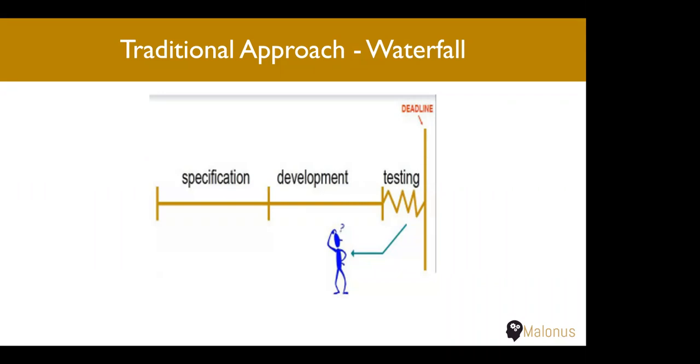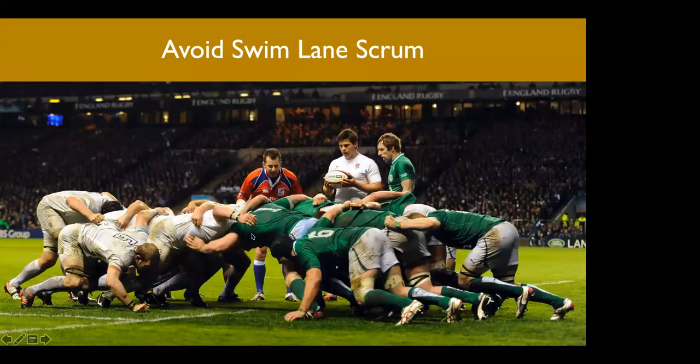Let's try to see why this problem happened in the first place. First of all, let's try to understand what Scrum actually is. Generally, people feel that Scrum is all about having certain roles, 3 roles, 4 events, and different ideas about artifact transparency.